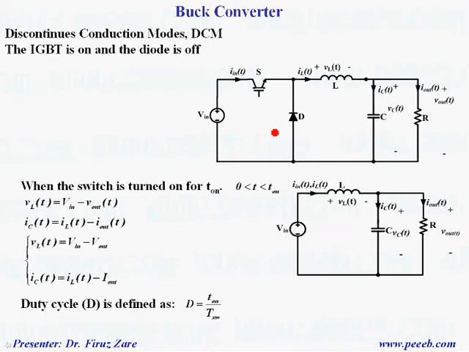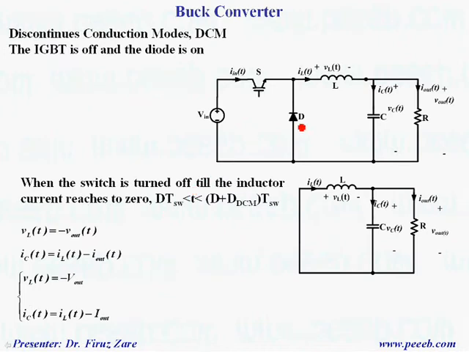Now we can write the equations again to find the conversion ratio. Again, when the switch is on, the voltage across the inductor is input voltage minus output voltage, and the current through the capacitor is inductor current minus output current. Suppose the ripple is not significant, then we can rewrite the equation here.